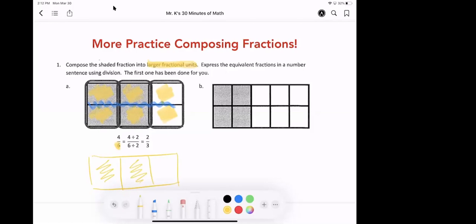And so what we're left with at the end is not 6ths, but thirds. And thirds are larger fractional units than 6ths, right? Because this is a third of the whole, but this is the 6th. So we're composing the 6ths into thirds.